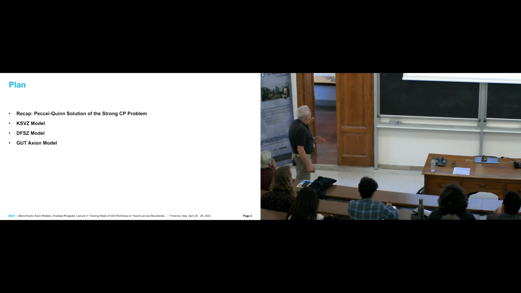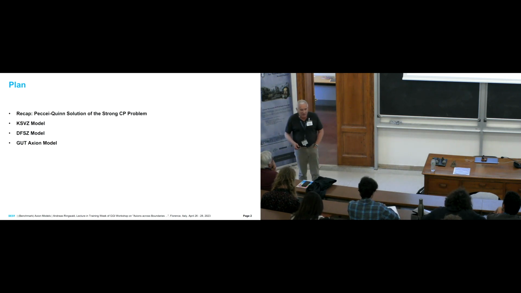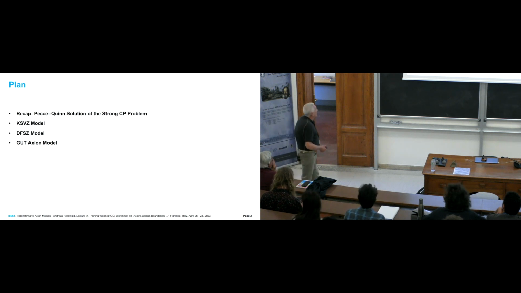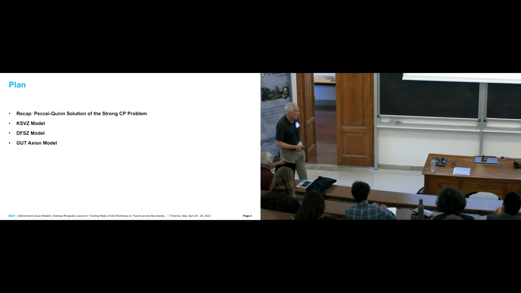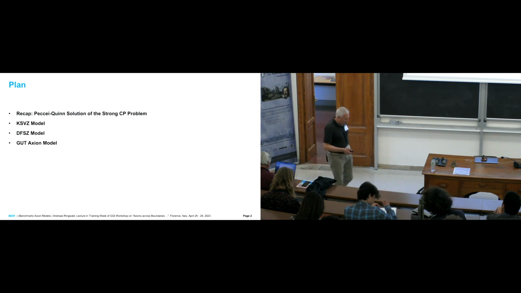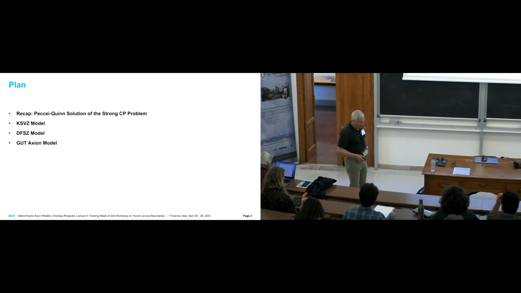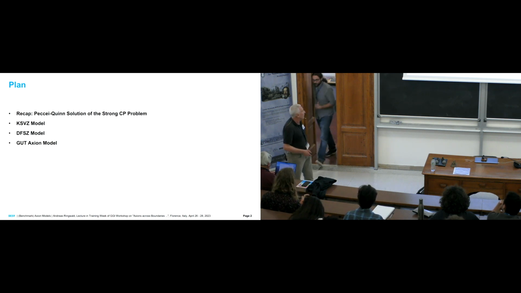I start with a short recap of what we heard in Giovanni's lecture about the Peccei-Quinn solution of the strong CP problem, and then I introduce benchmark UV completions of the standard model, or of the Peccei-Quinn mechanism, which provide a Peccei-Quinn solution of the strong CP problem.